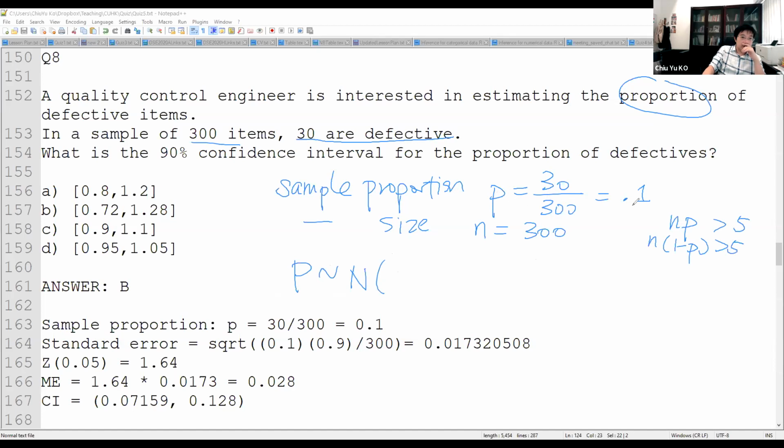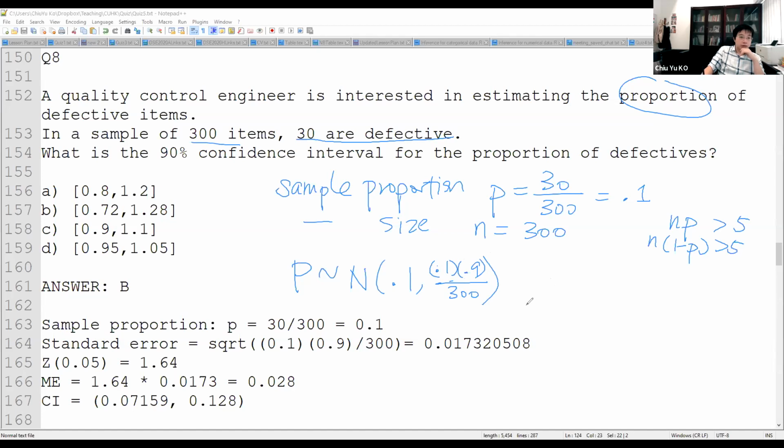Because the sample proportion is 0.1, this is our point estimate, our best guess. And that would be the interval estimate. Around this we have 0.1 times 0.9 divided by 300.